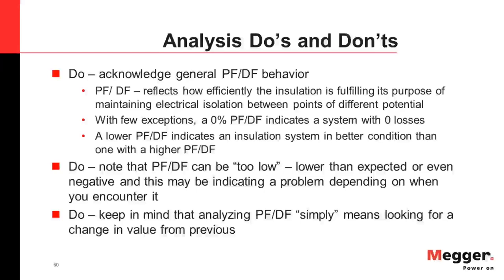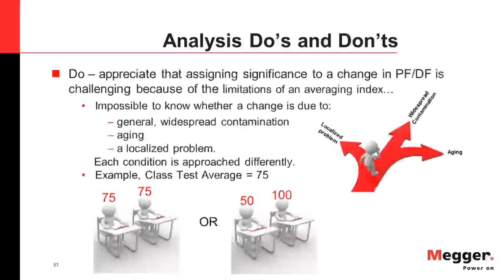It's impossible to know when you do have a change whether it's due to general widespread contamination, whether it's due to aging, or whether it's due to a localized problem. And we really need to know which one, because each of these conditions would be approached differently. And if you don't know which one you're dealing with, you never truly know what to do next.